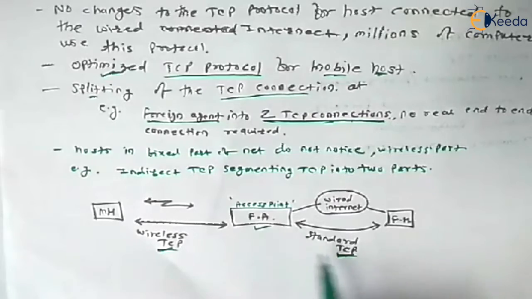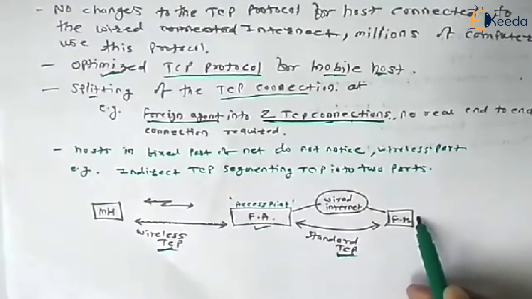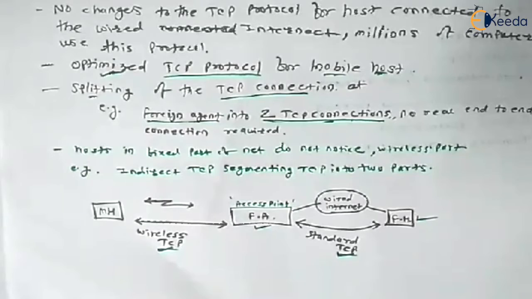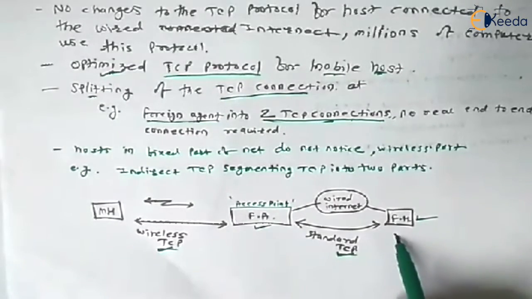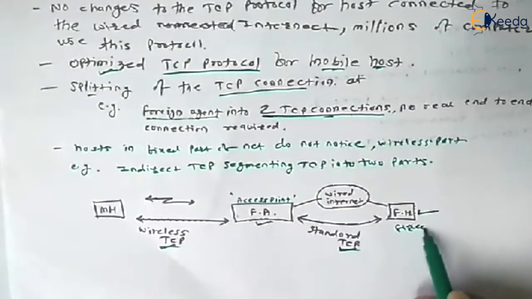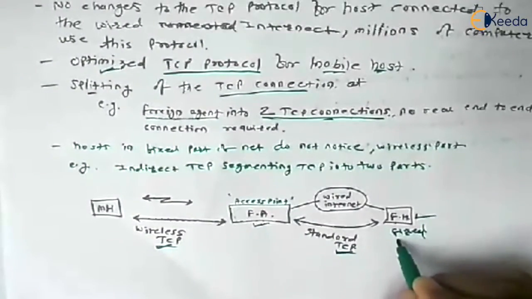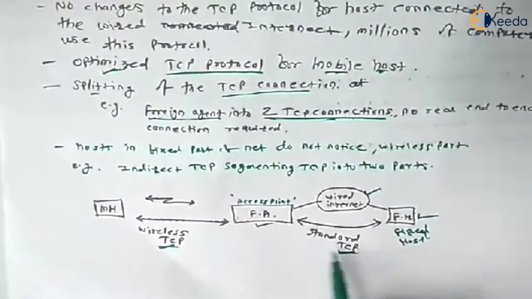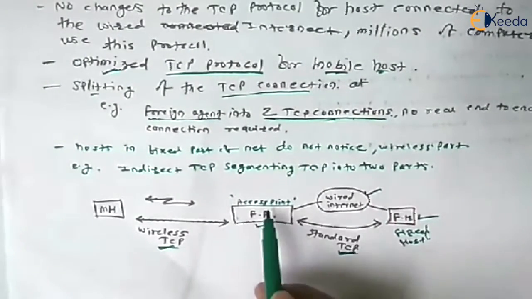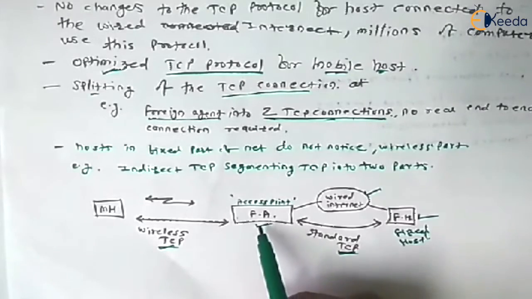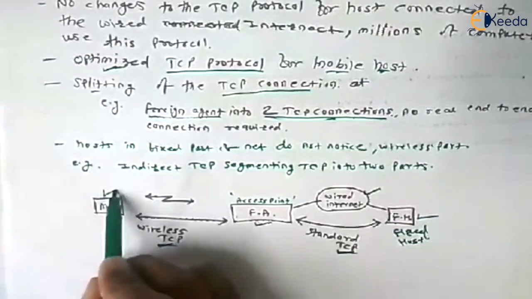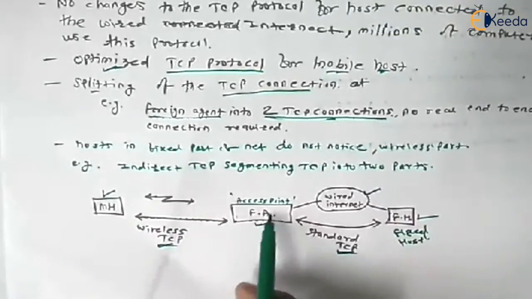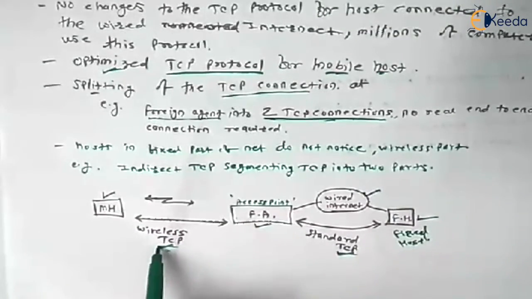The foreign agent uses standard TCP for our wired internet or fixed host. If a host is fixed and using a wired network, then standard TCP will be used by the foreign agent. And if the host is mobile, the foreign agent will use a wireless TCP.